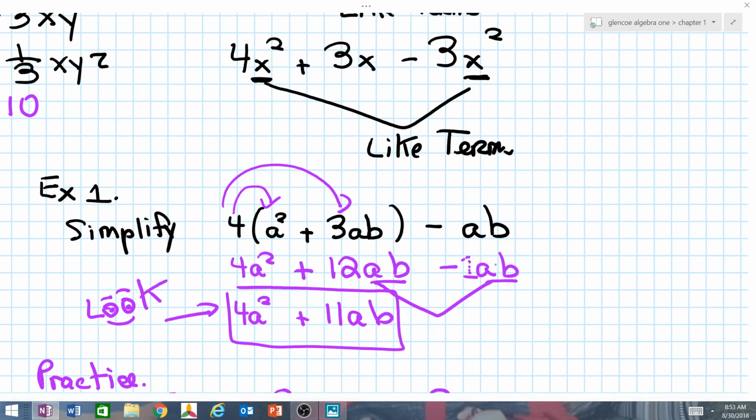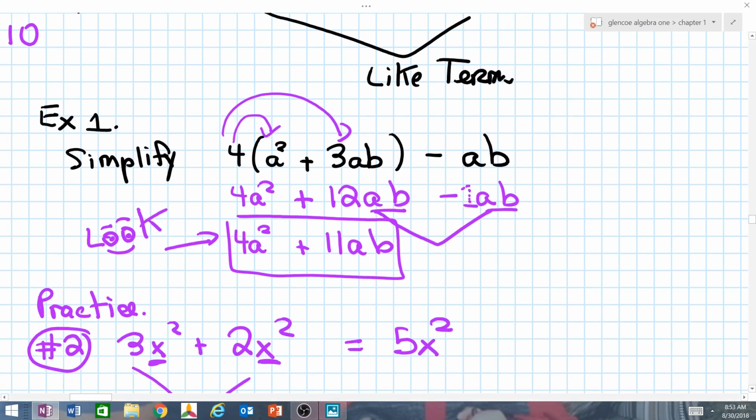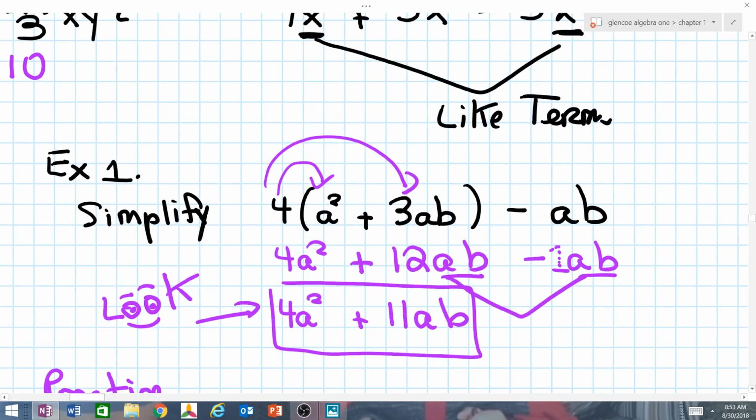Now we want to look for like terms. We're going to start with the 4a squared term. We do not see anything in this expression that has the same last name as a squared. So he's going to become our line leader. I move to my second term, which has a last name or a variable part of ab.